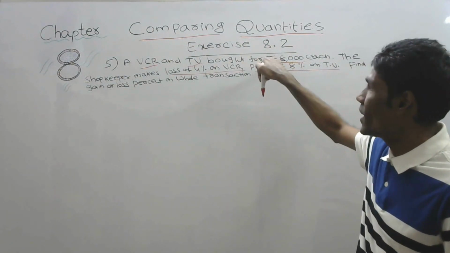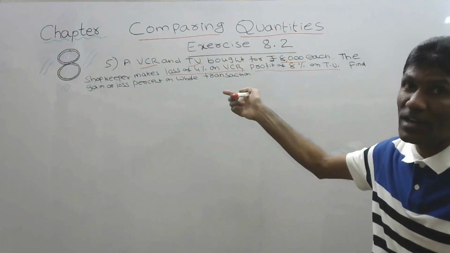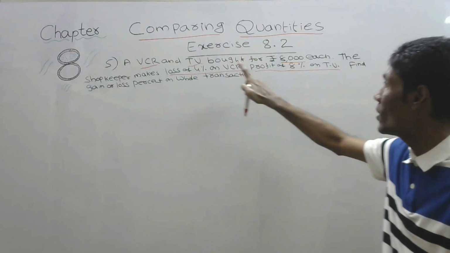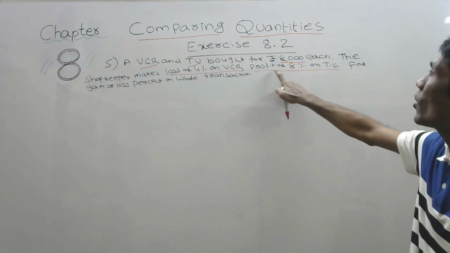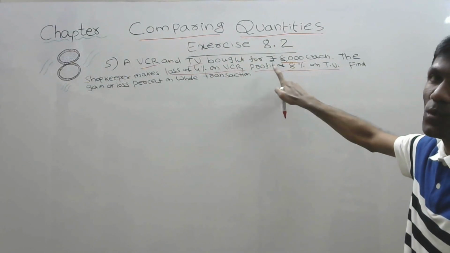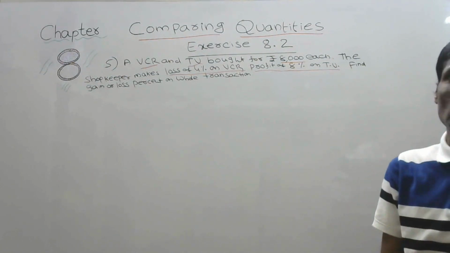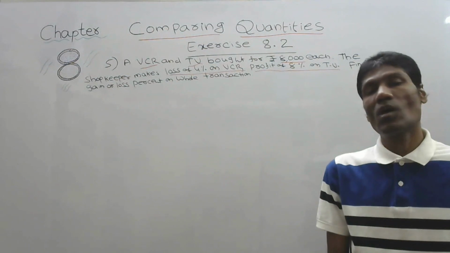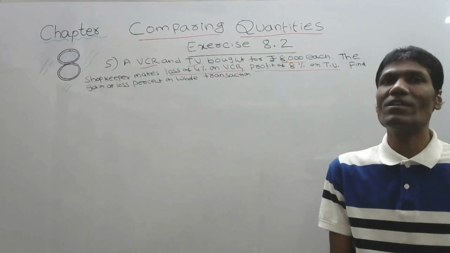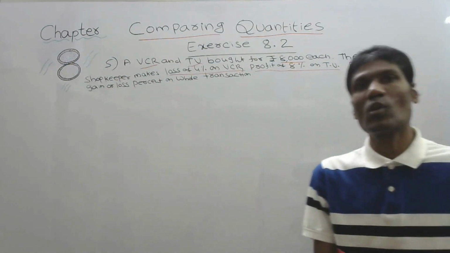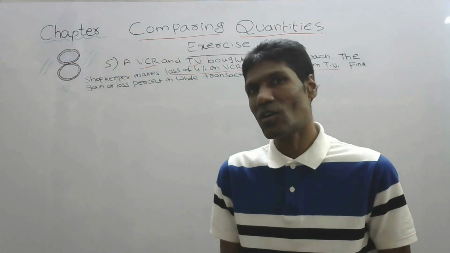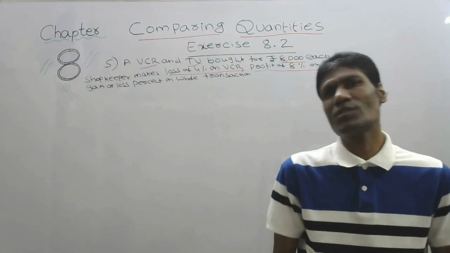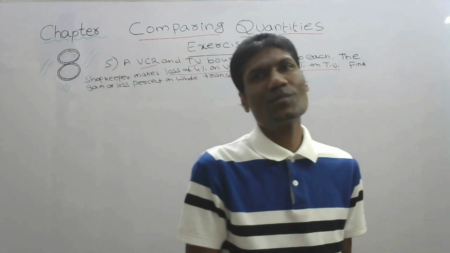The cost price is the same but the selling prices are different, so on the VCR he got a 4% loss, on the TV he got an 8% profit. Now the question is, on the whole transaction whether he got a profit or loss, that is gain or loss, and how much percentage. That is the question. Now let us do it.